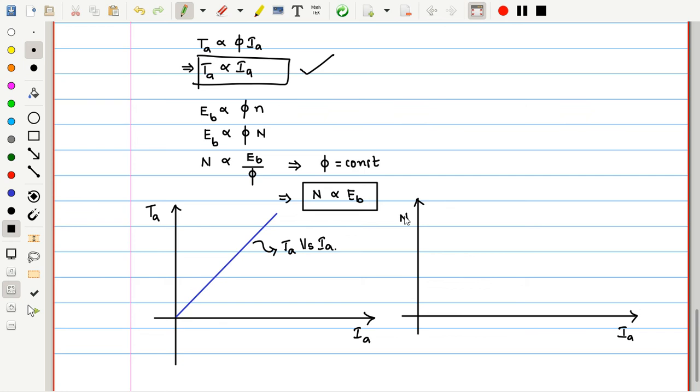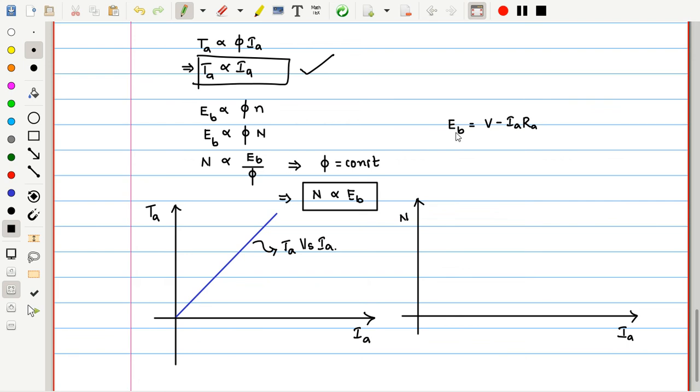So can I write Eb is equal to V minus Ia Ra?